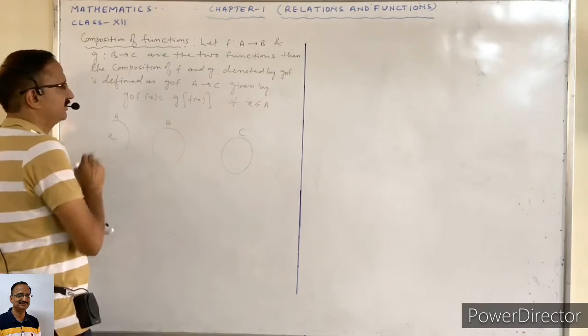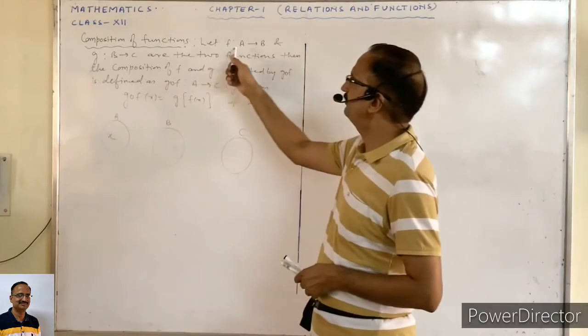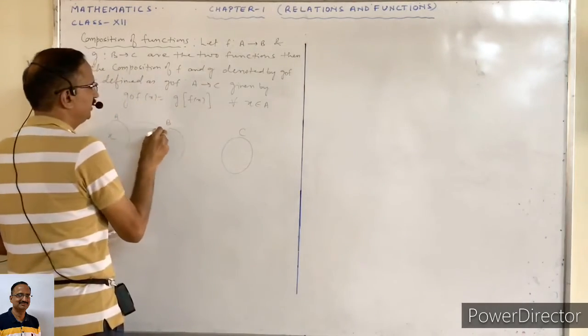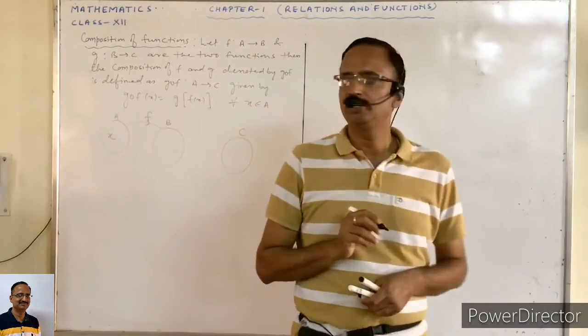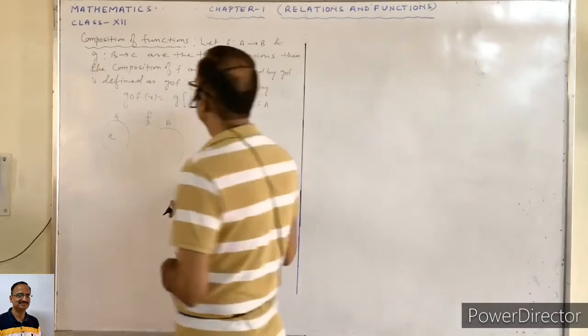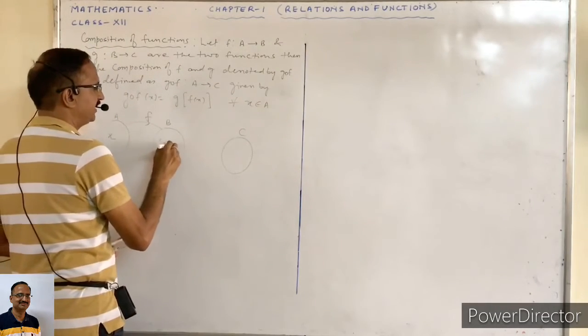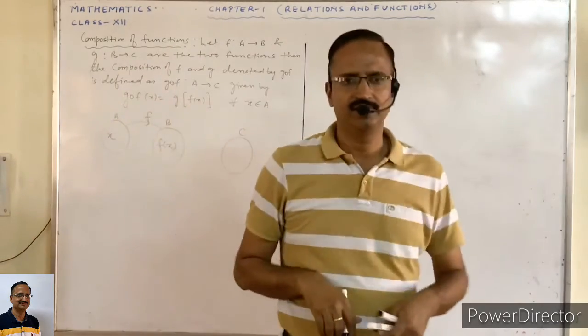Here we have x. And since the function f is defined from A to B, when we put x in f, we will get f x.